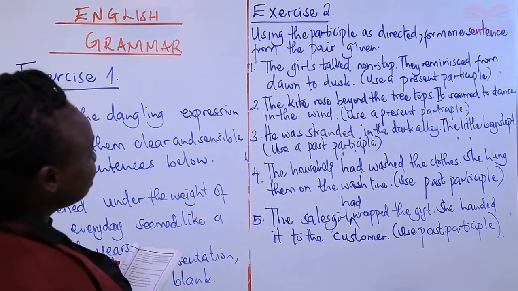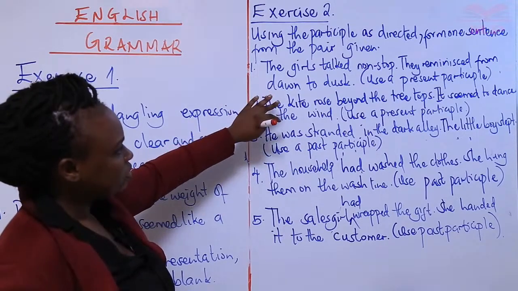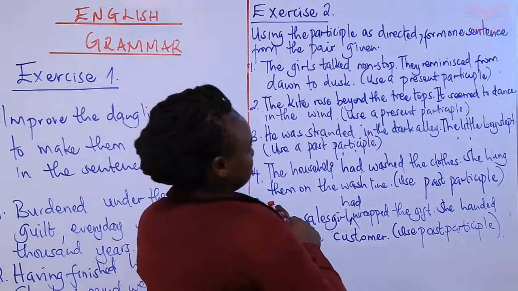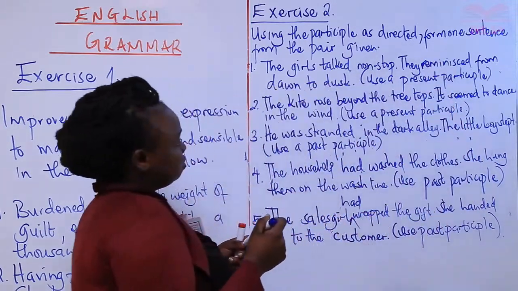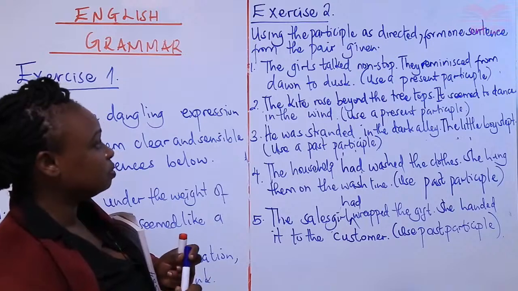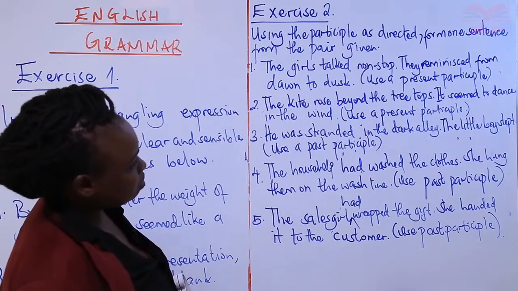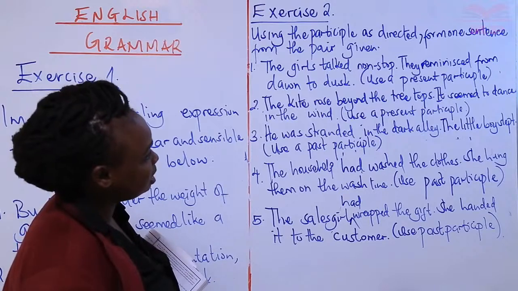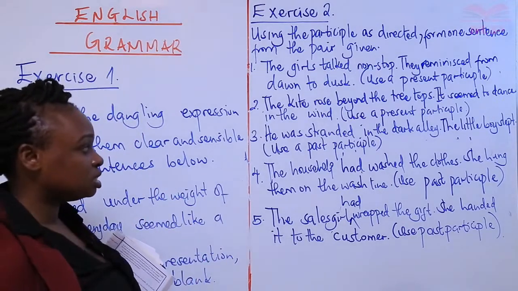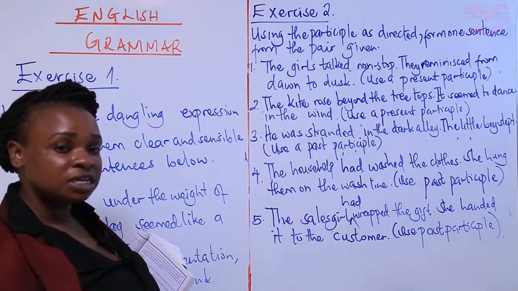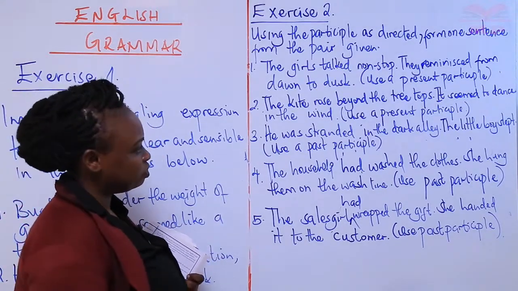So question 1, the girls talked non-stop. They reminisced from dawn to dusk. Use a present participle now to combine the two sentences. The kite rose beyond the treetops. It seemed to dance in the wind. Use a present participle. So combine the two sentences by making one a participle phrase, but it should be a present participle phrase. He was stranded in the dark alley, question 3.